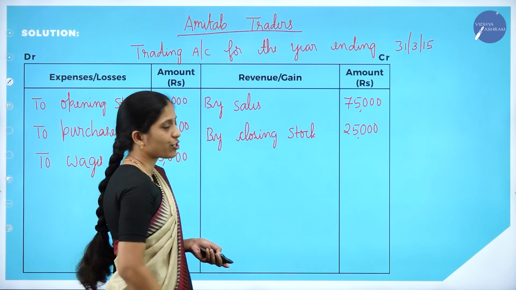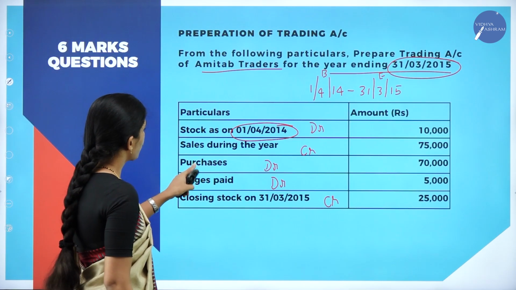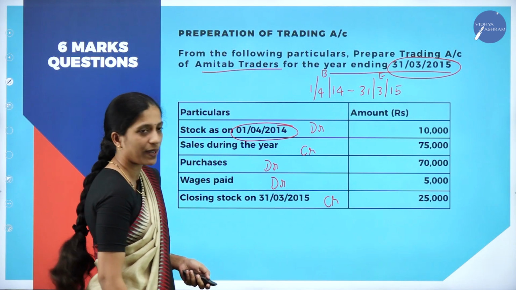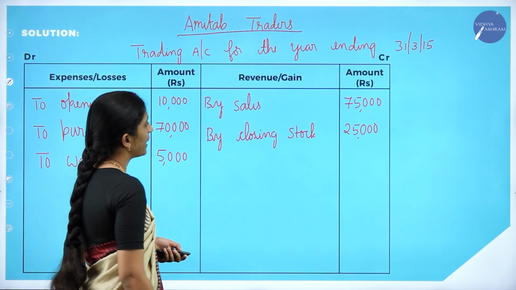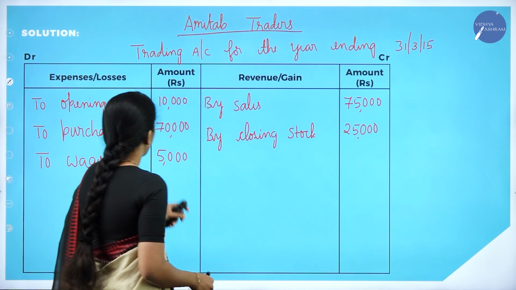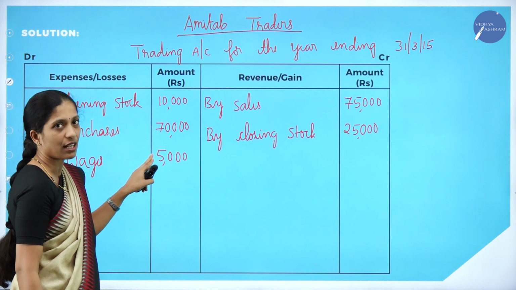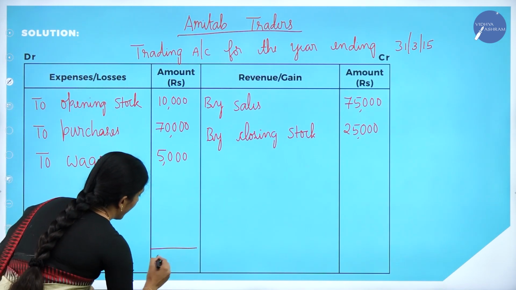Let us once again recheck. Sales is 75,000 and closing stock is 25,000. So 75 plus 25, how much is it? 1 lakh. But here 70,000 plus 10,000 plus 5,000, 85,000 we have. So 1 lakh is more.